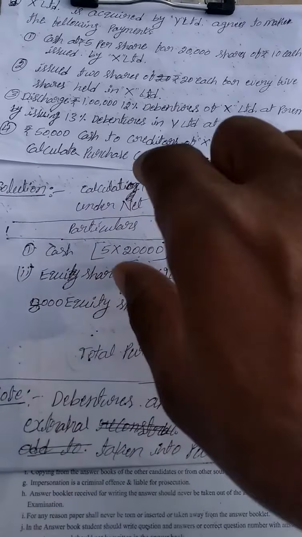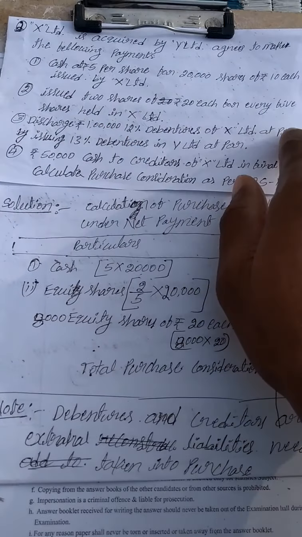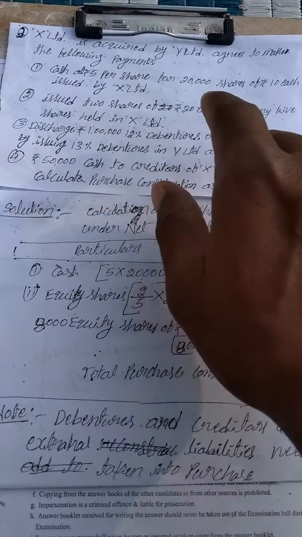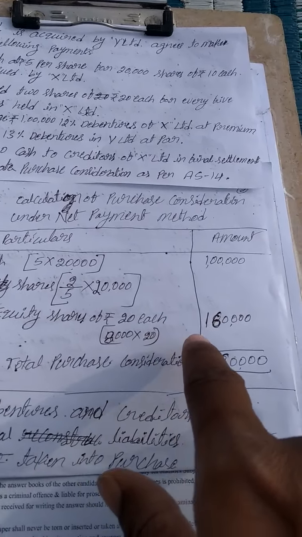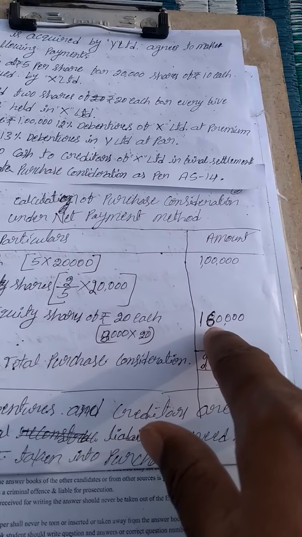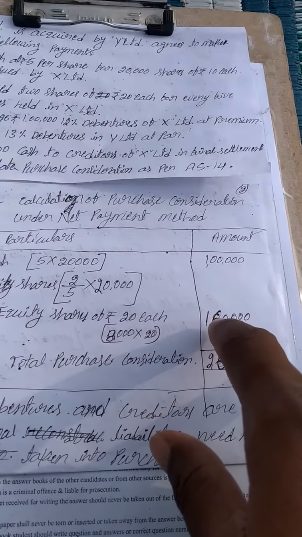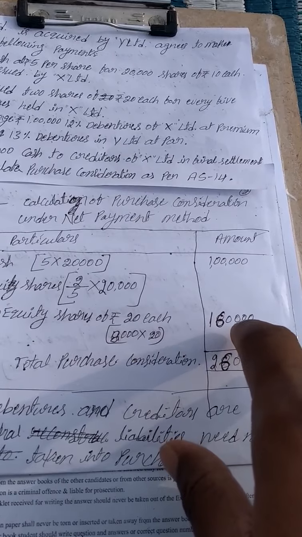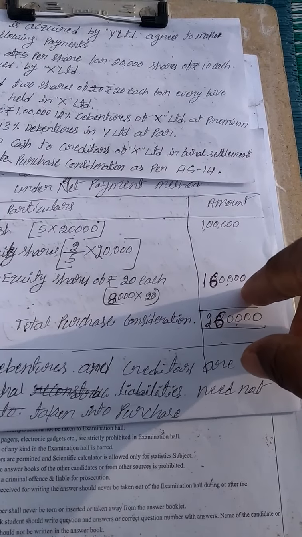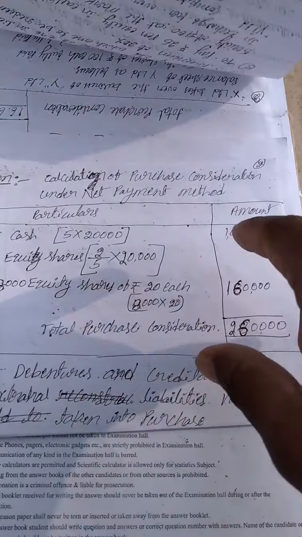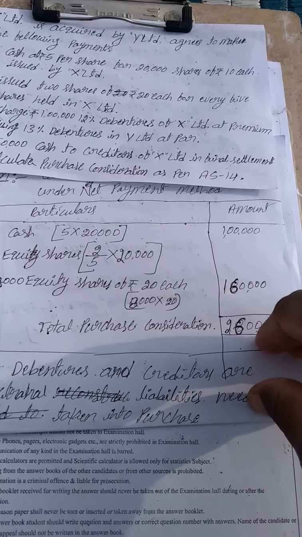Face value is 20 each. That is 8,000 multiplied by 20, we will get 1,60,000. Total purchase consideration together is 2,60,000.